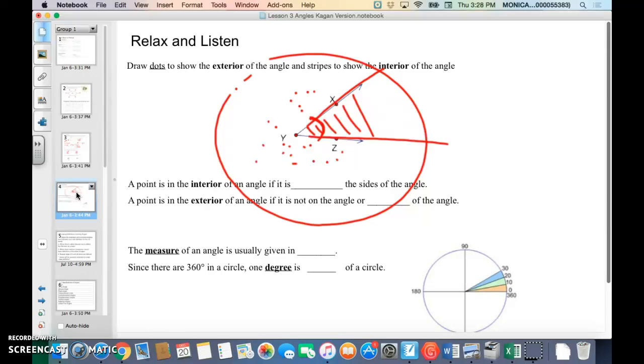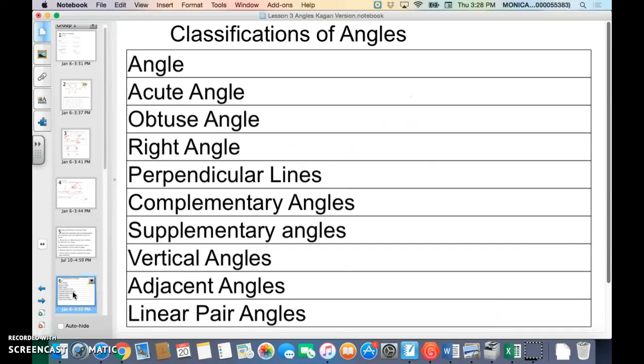All right, but before we go there, what I'd like you to do is come up with some definitions. If you open to page 11, it looks something like this. This is page 11 in your packet. You're going to see a bunch of the vocabulary words that have to do with angles.